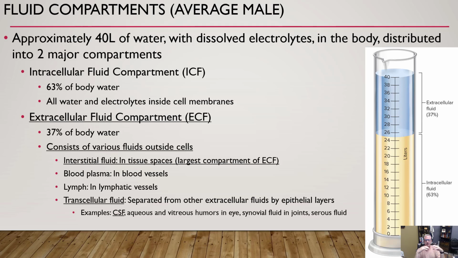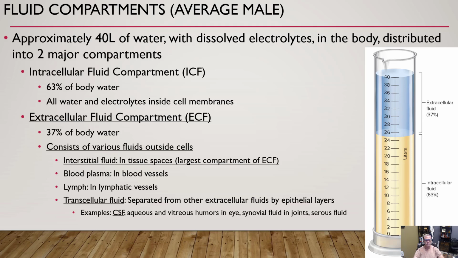You can see that the intracellular fluid is about 63%, and the extracellular fluid is about 37%. So the ratio is approximately 2 to 1 inside of our cells to outside of our cells.